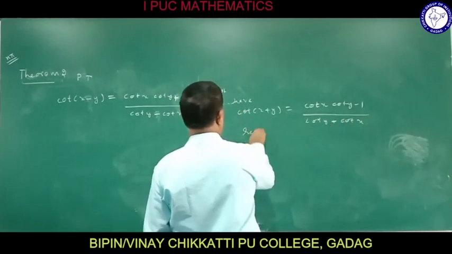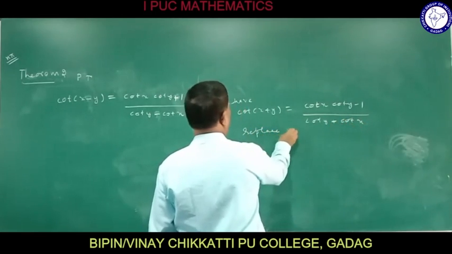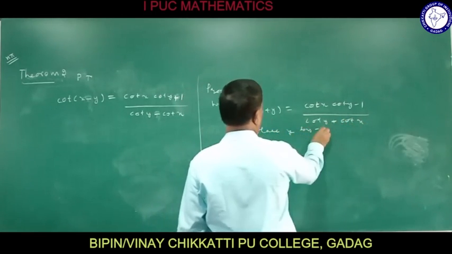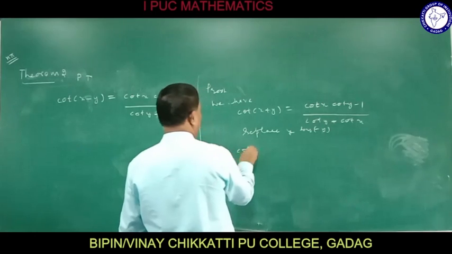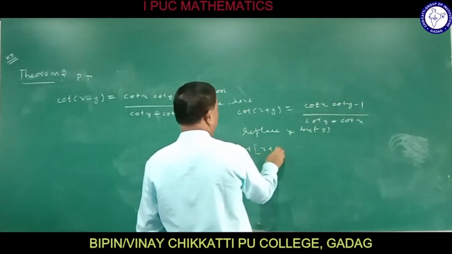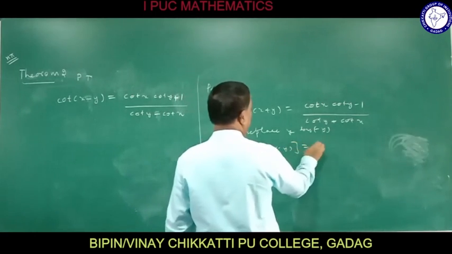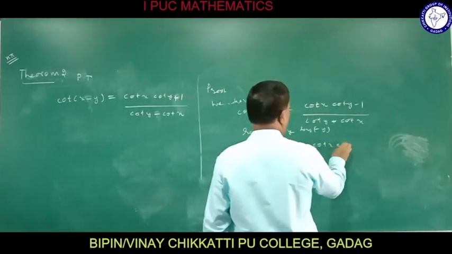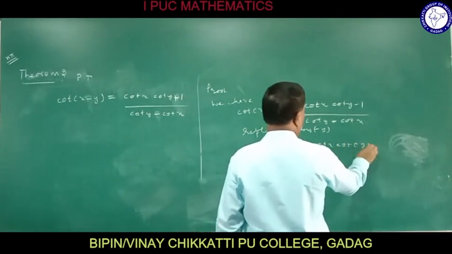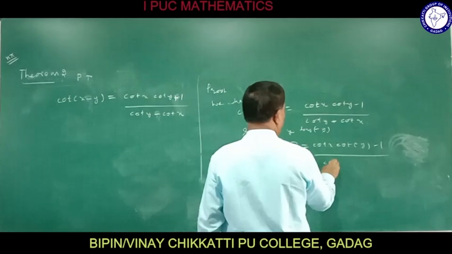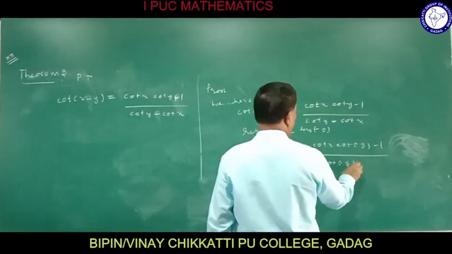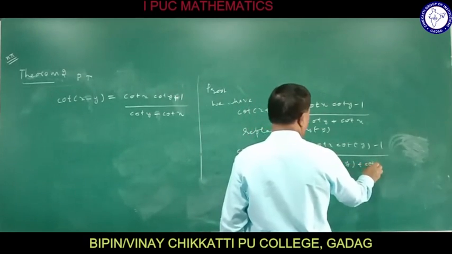So what I say, replace y by minus y. Then cot of x plus of minus y is cot x cot of minus y minus 1 divided by cot of minus y plus cot x.